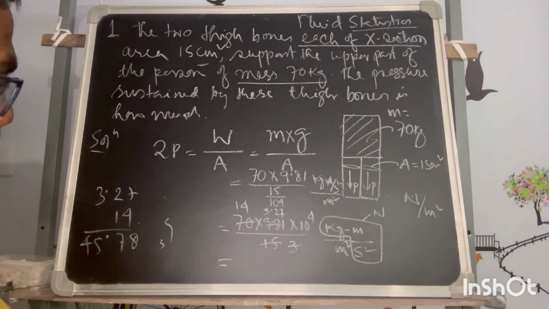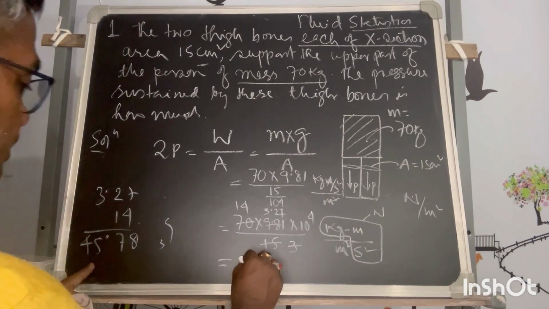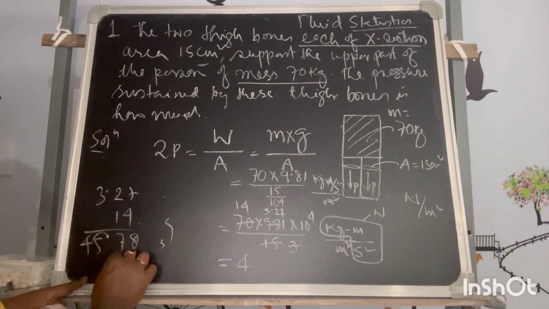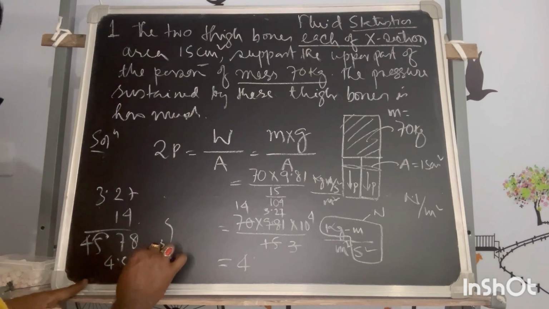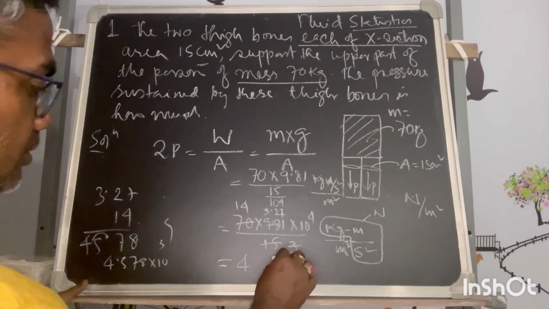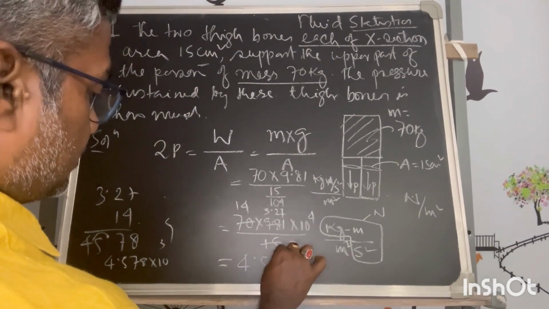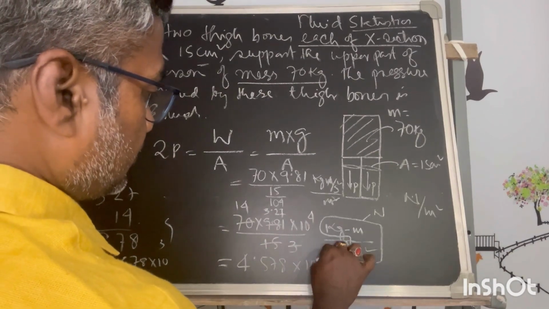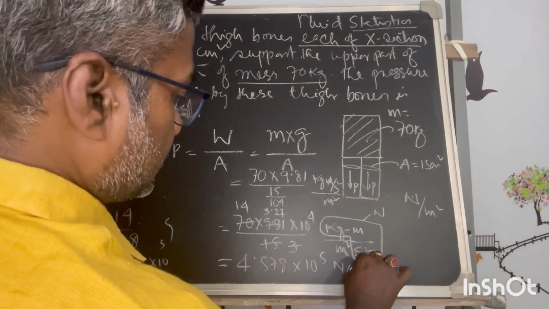So this is the case. Now if I bring one dot here, this will be 4.578 into 10. So this 10 will be adjusted there with 10 to the power 4, that will become 10 to the power 5 Newton per meter square.